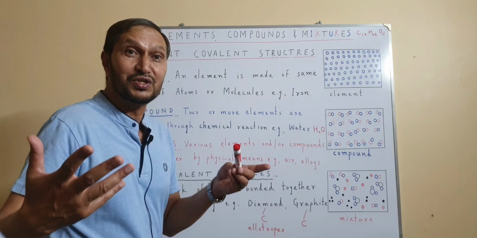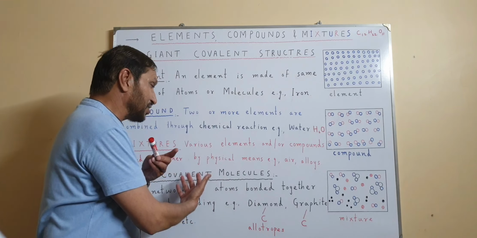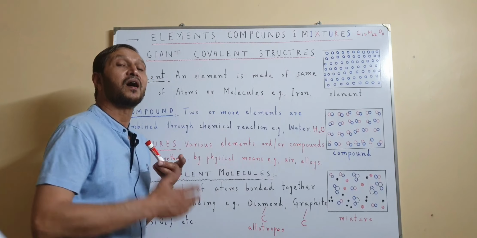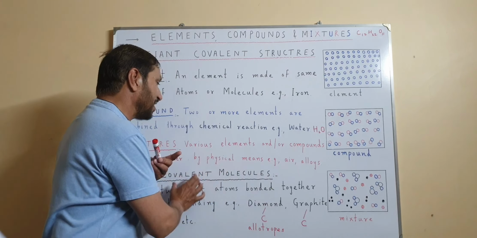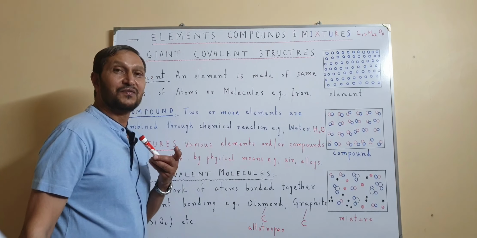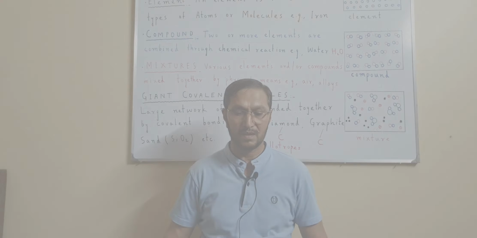As we say, unity is strength. So giant covalent molecules are very strong and very stable because of this giant structure, because of the macromolecules.